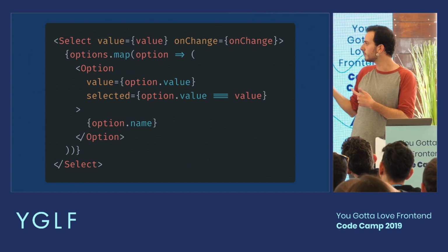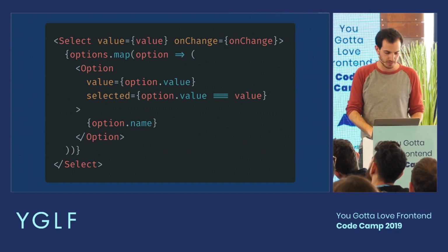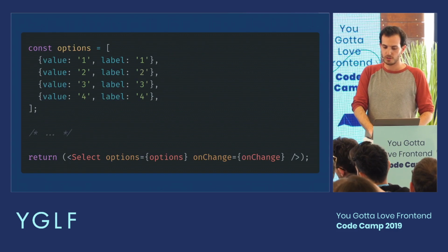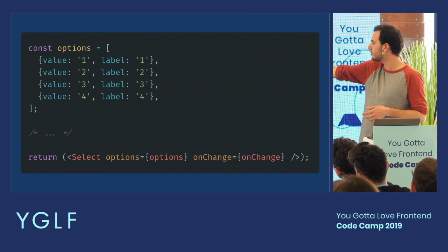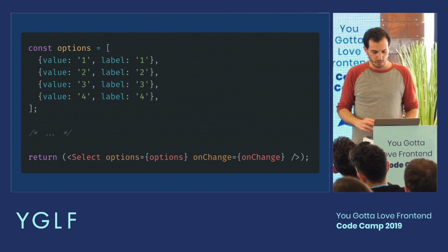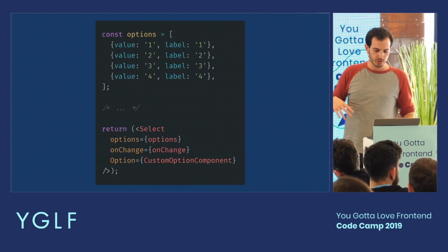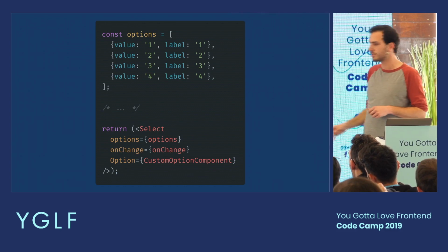Here, it's going to be extremely hard because the select is not aware of the options themselves. So you have to switch to another pattern. Then you're forced to maybe do something like this, where you have an array of options and you pass options to the select, which renders them with a default option with its own styling, and then you can also do a slightly different version where you add option and pass a custom option component.